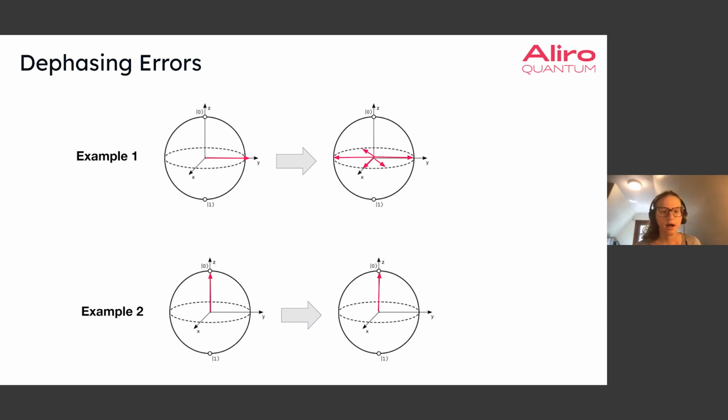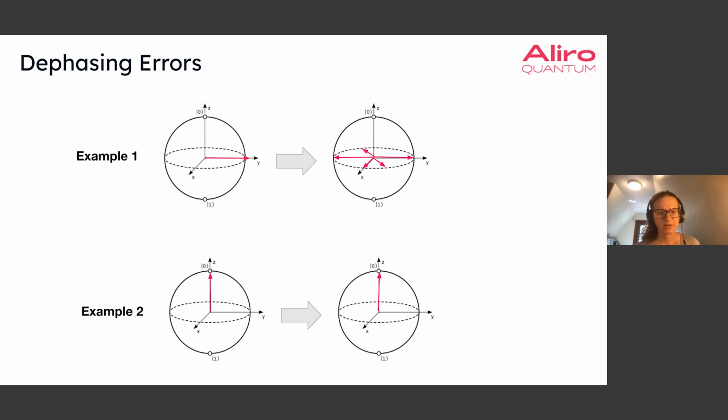What happens with the dephasing error is that over time, the phase becomes less known and less well defined. On the Bloch sphere, this corresponds to the direction of the arrow becoming less known.